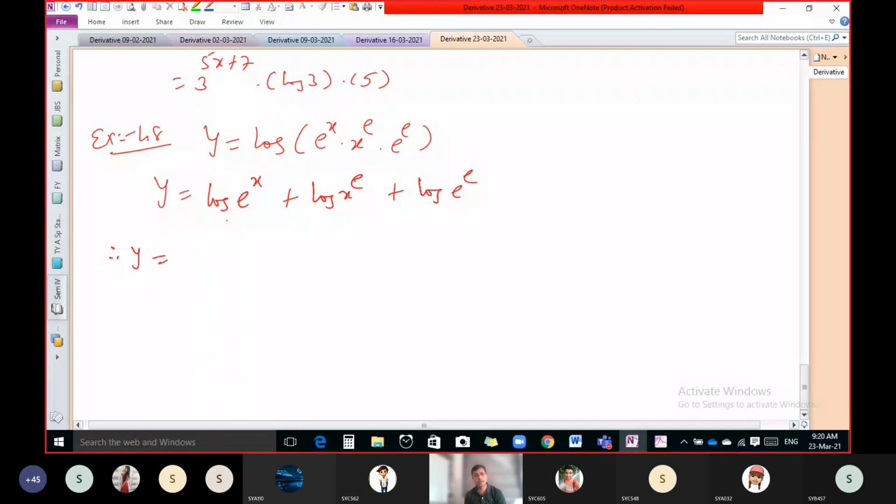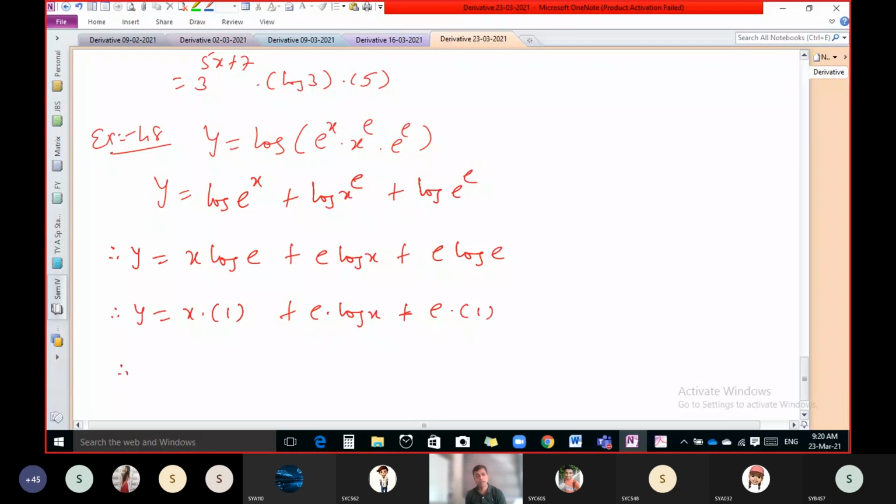You can write this equal to x log e, this equal to e log x, and this is e log e. But we know the value of log e is 1. So e log x keep as it is, but this should be e into 1. So my final simplification is x plus e log x plus e.